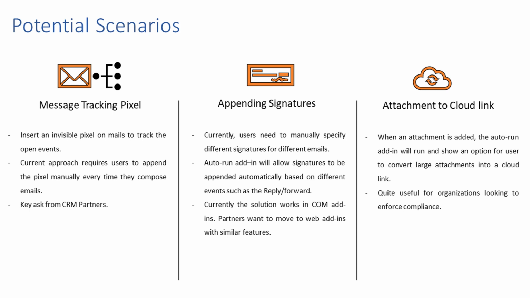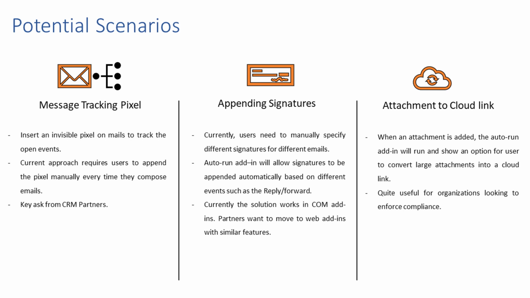And finally, another type of scenario that you could think about is attachment to cloud link. So basically, the idea is that if someone is adding an attachment that is very heavy, you can listen to the event that the attachment was added, and then replace it with a link to a cloud location of the same file.